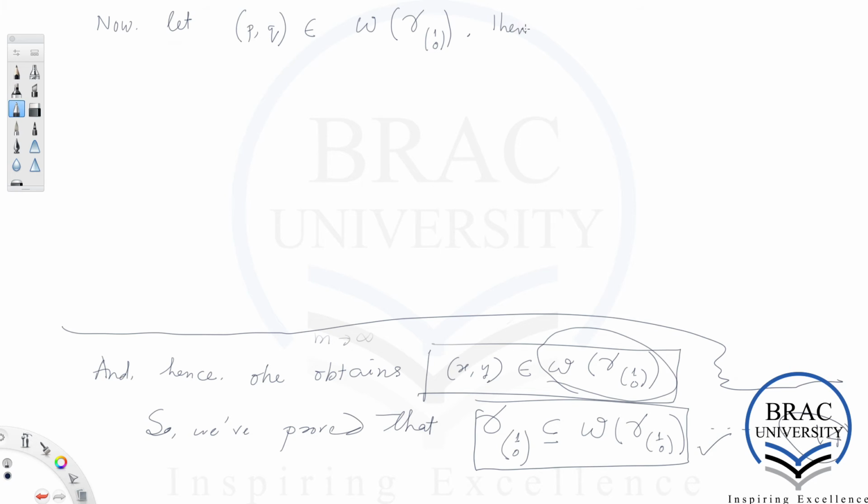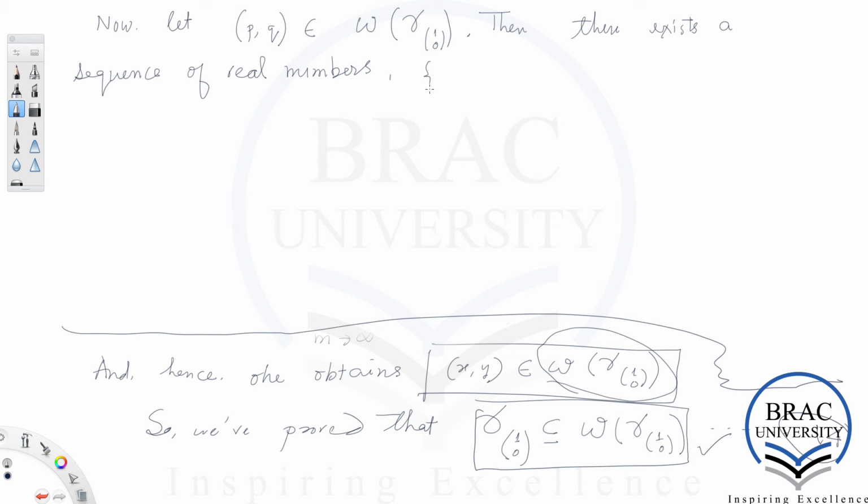Then there exists a sequence of real numbers, from the definition of the omega limit set of an orbit.